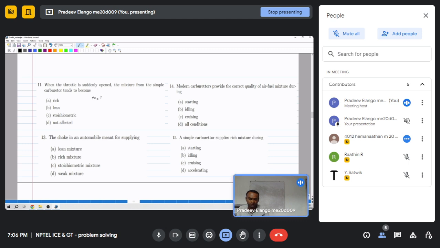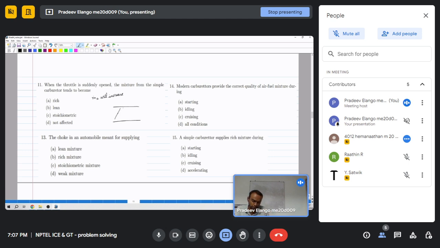M dot A will increase, and fuel will start flowing slowly because of the inertia of the fuel.